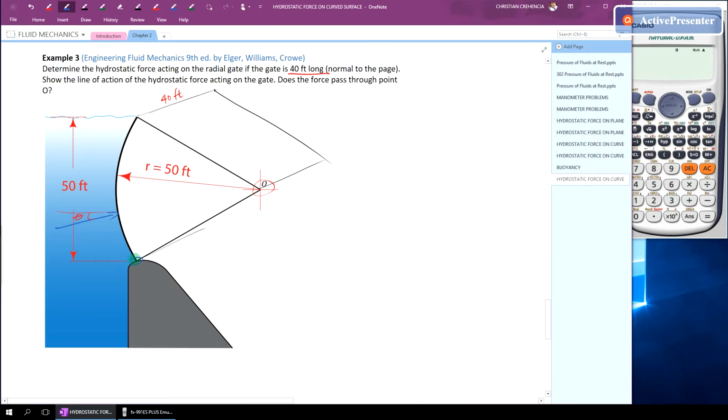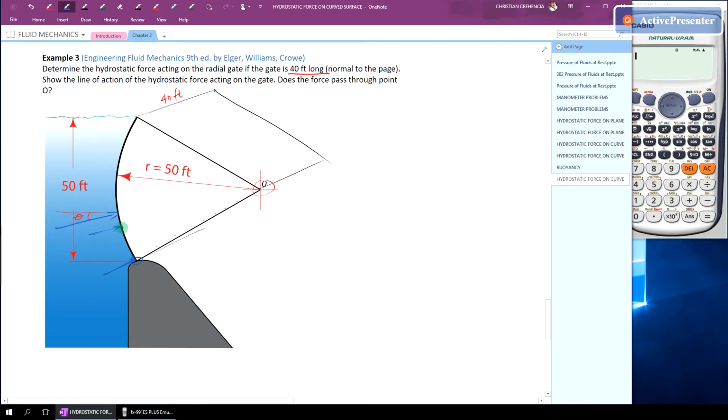Okay, so at this point, let's say ito yung direction ng force natin, and since this is perpendicular at this point, alam natin na that will pass through point O. So if we get the differential hydrostatic force dito sa maliit na differential area, perpendicular yung hydrostatic force dito.